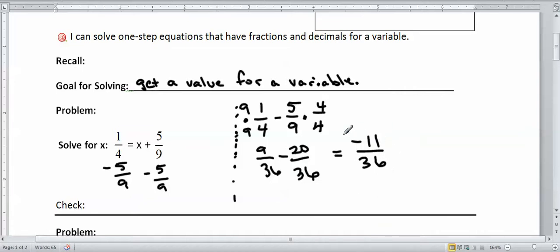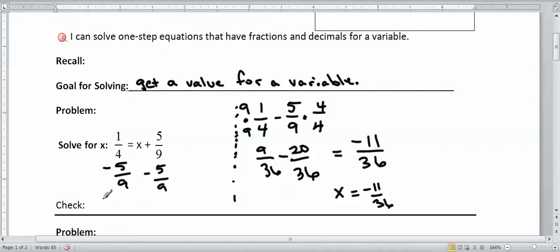Okay, you want to reduce if you can, but in this case, these two numbers are not divisible by anything in particular other than themselves. So I cannot reduce this, so I have to leave it as negative 11 over 36. Okay, and so x equals negative 11 over 36. All right.